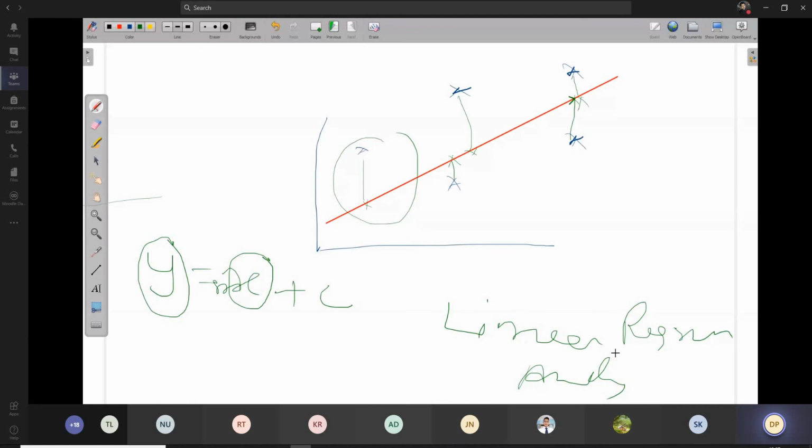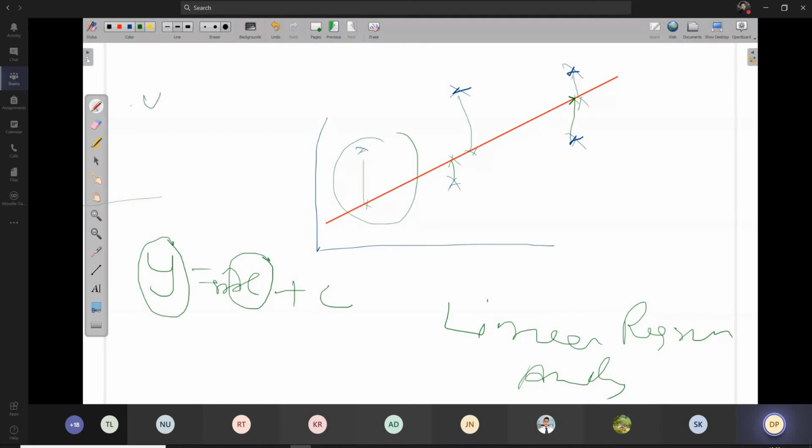So we have to see whether the dependent variable is linearly related or non-linearly related. If it is linearly related, then we can say it is a linear regression analysis. Next, we have to see how many independent variables there are.